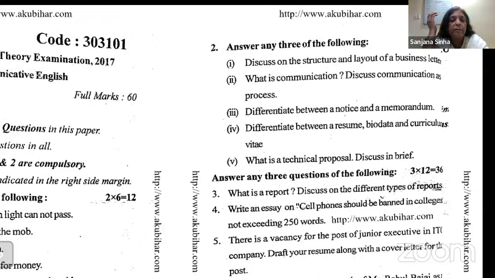So that is why it can have multiple pages. These answers can be written in a paragraph or two because it carries 4 marks.